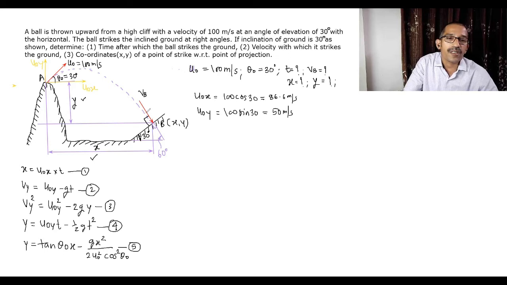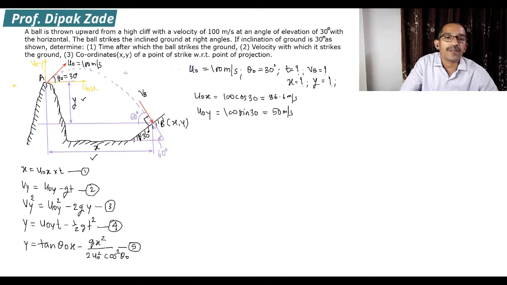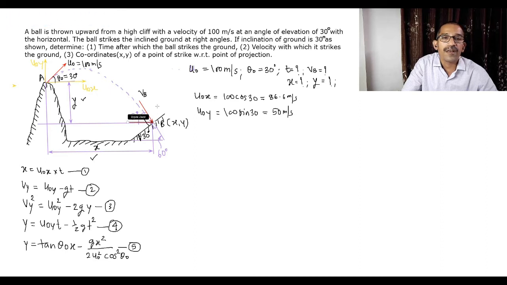That means the inclination of this VB with horizontal is 60 degree. Now if we represent here components of velocity, the first component of velocity you can say VBX, and the other component of velocity is VBY.